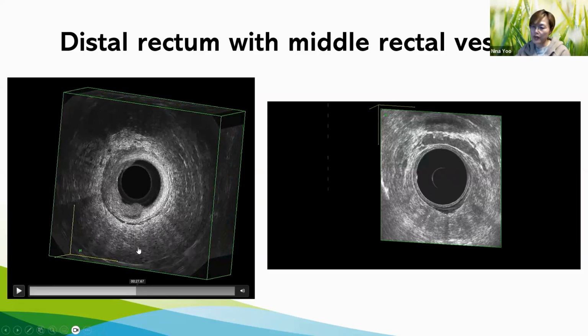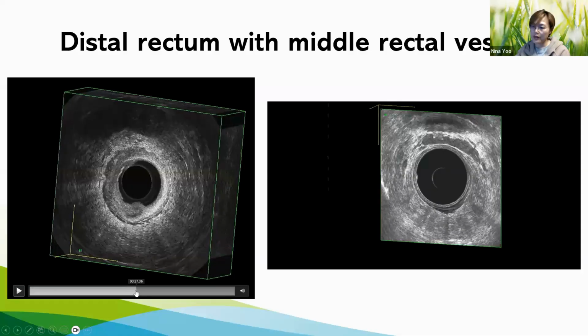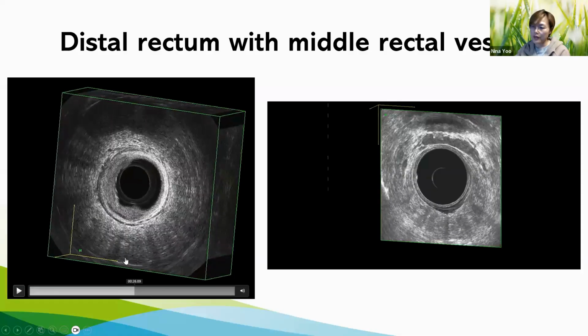So if those vessels are present, then I usually call it EMVI positive. And if there are all these little irregular shaped nodules without clear demarcation, those I call tumor deposits.